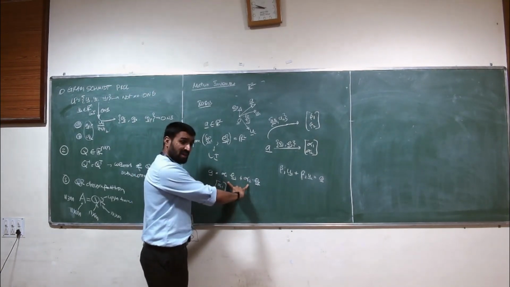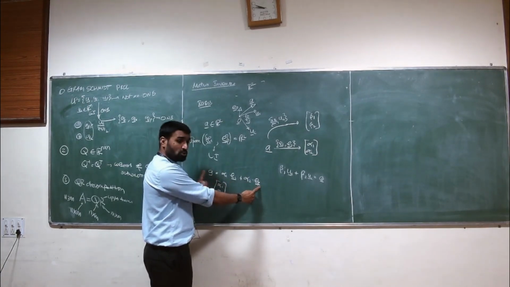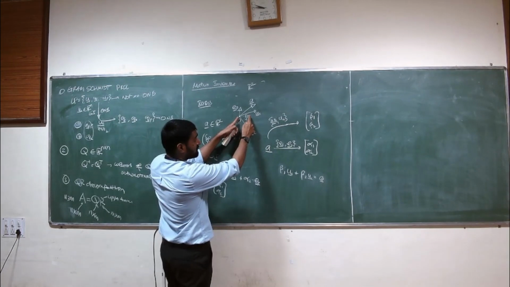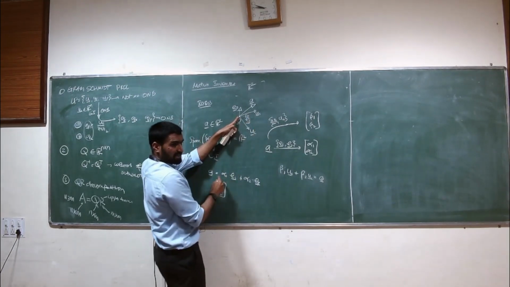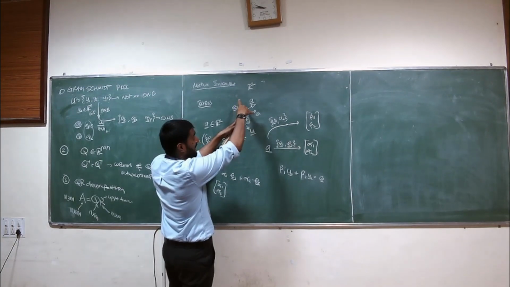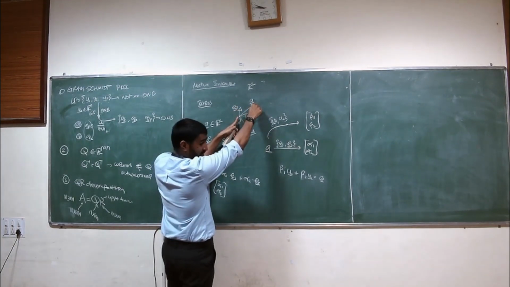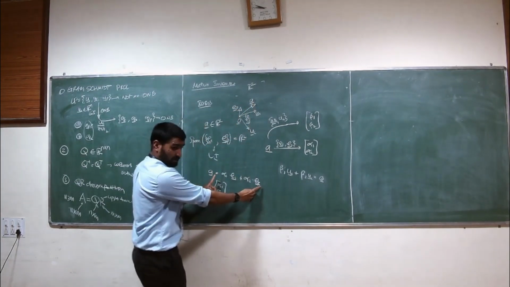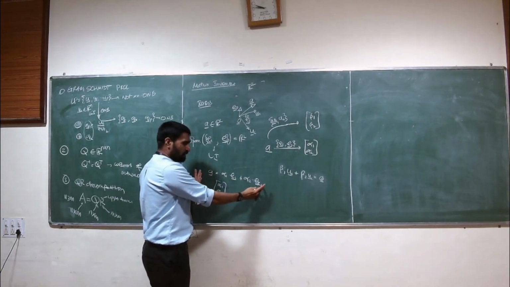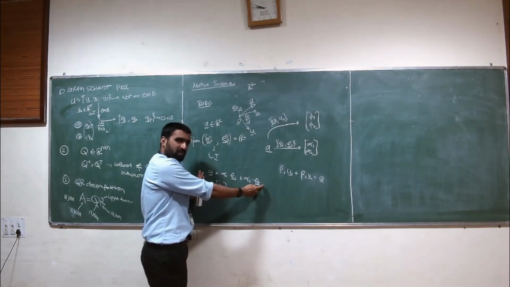Even though I've written it algebraically, what we are talking about here is a geometric operation. You take E1, you scale it by alpha 1, whatever that number is. You take E2, you scale it by alpha 2, and then if you add those two vectors, you will get to this point. That's what the statement means.